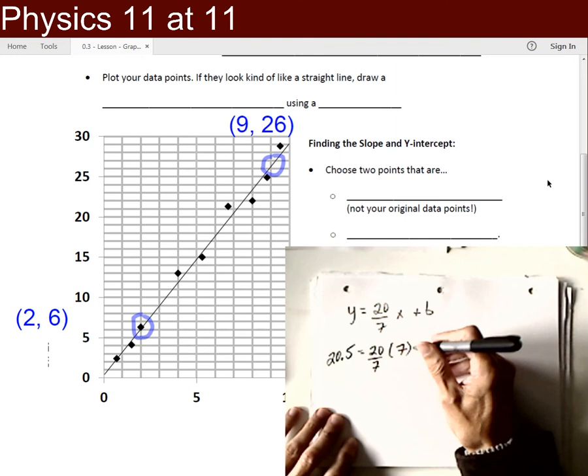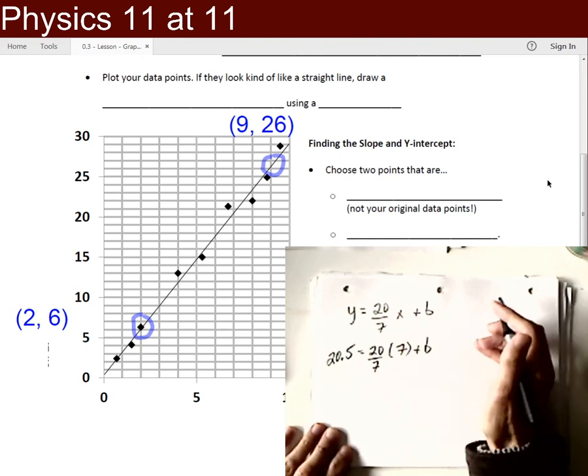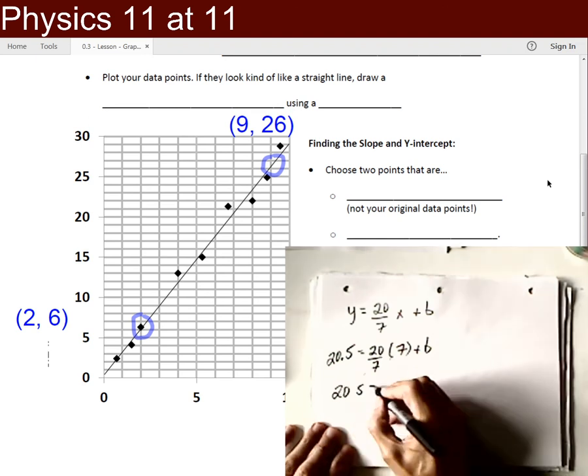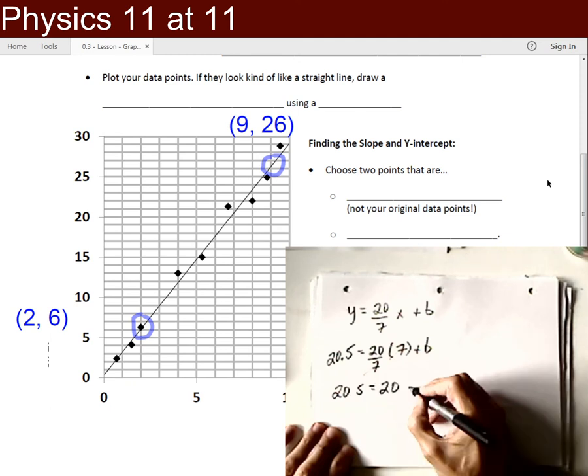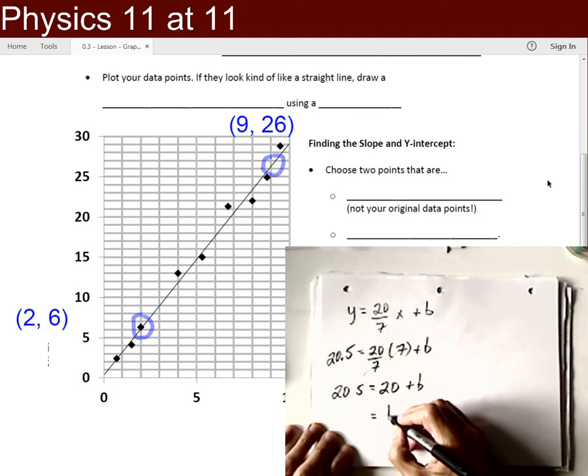And we have plus b left over. So what happens with the 7s? Gone. We get 20.5 is equal to 20 plus b. And so solving for b, you get 0.5.